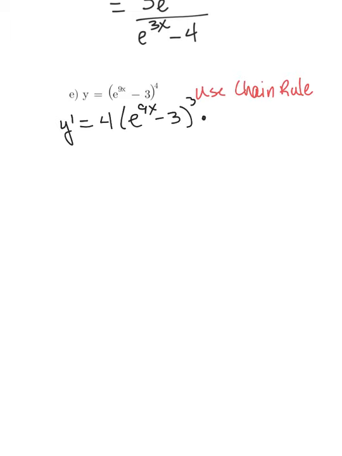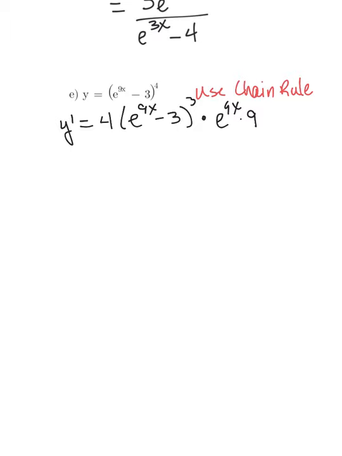Now do the derivative of the inside. The derivative of e to the 9x, write down the e exactly as given, times derivative of the power is 9, and then the derivative of the minus 3 is 0.